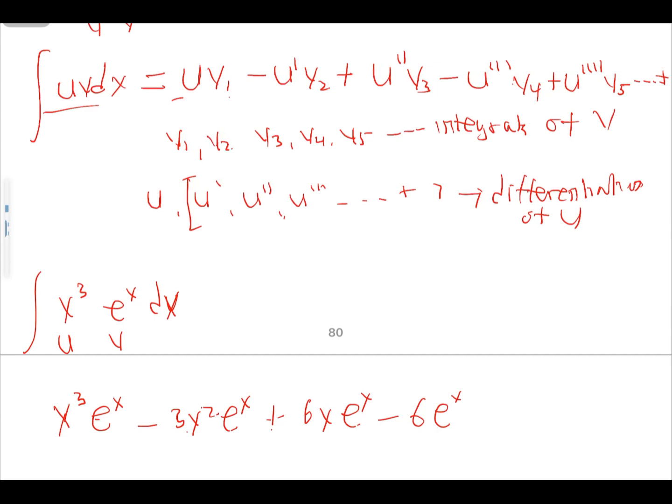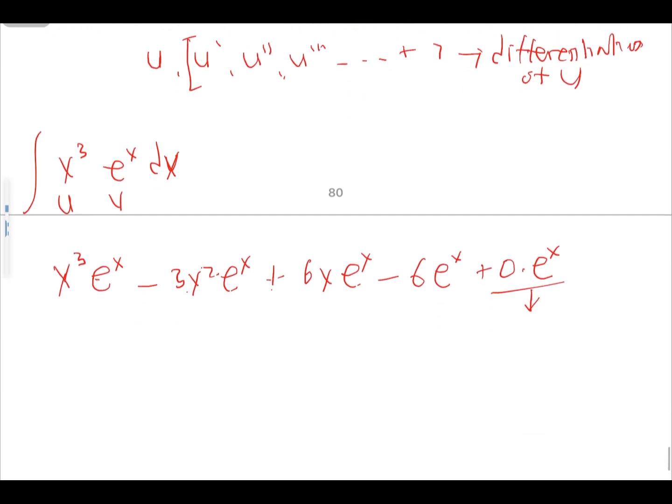The fourth differential is 0, because the differential of 6 is 0.